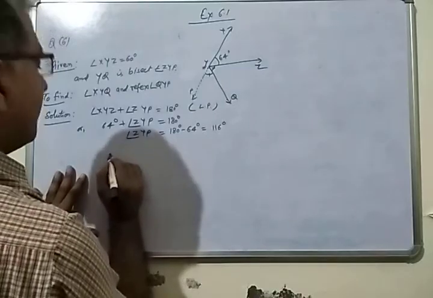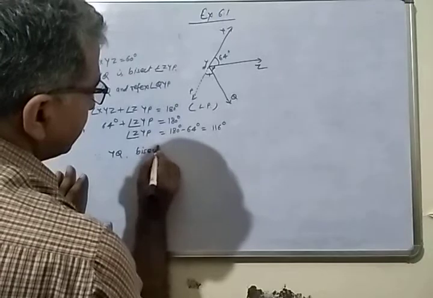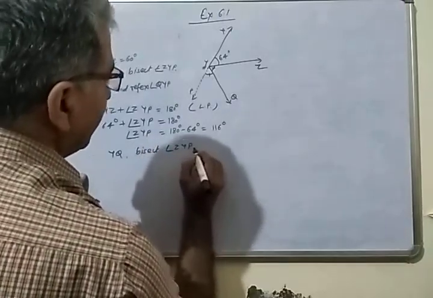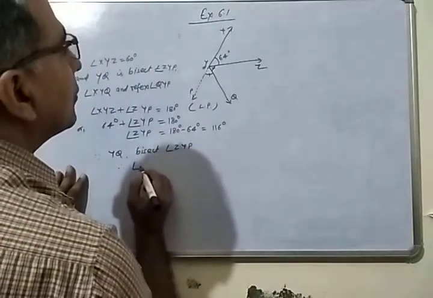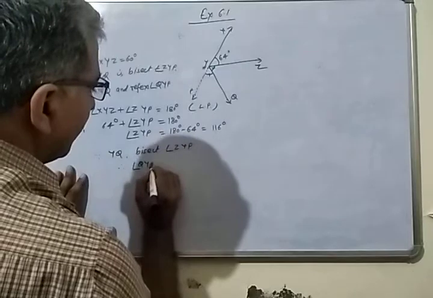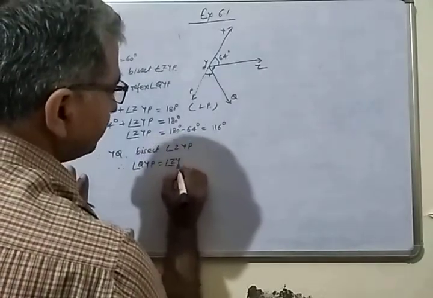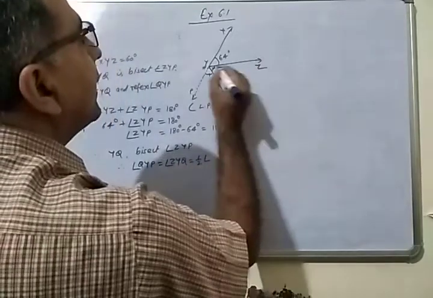Since YQ bisects angle ZYP, therefore angle QYP equals angle ZYQ, which equals half angle ZYP.